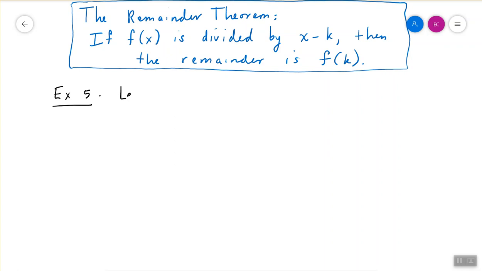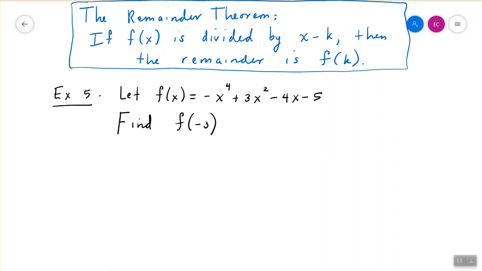And the problem says let f of x equal this polynomial, negative x to the 4th plus 3x squared minus 4x minus 5, and we want to find f of negative 3.